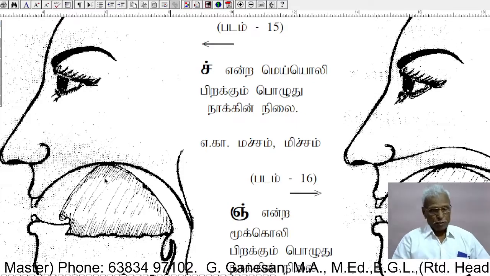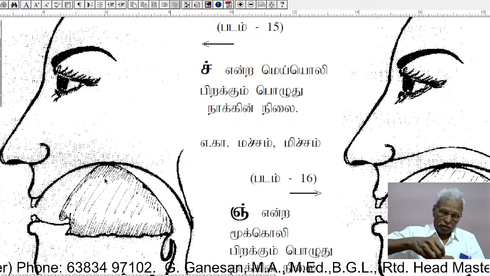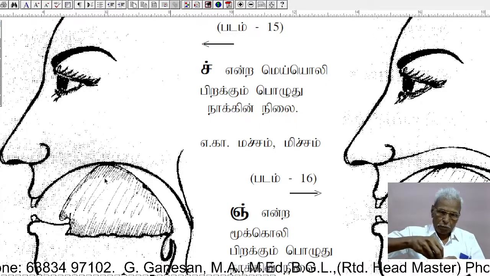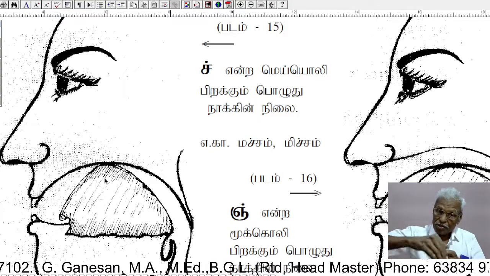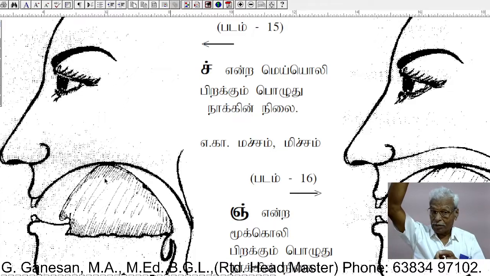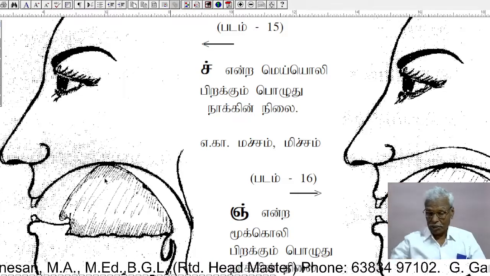That is, the air is blocked because of raising the center of the tongue and making a tight contact with the center.